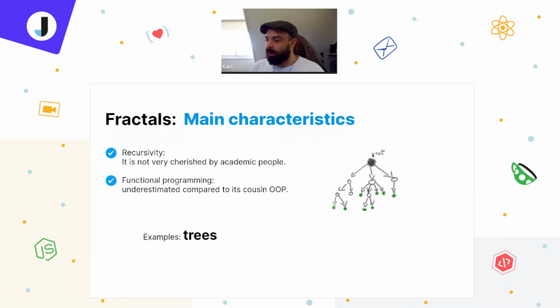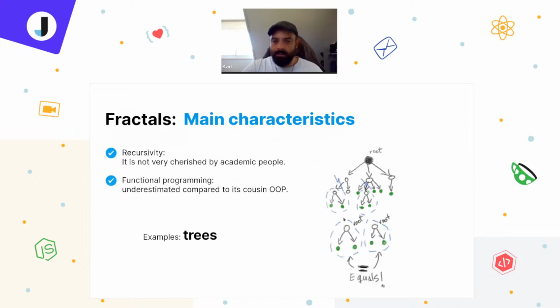And why can this be a fractal? Because someone could say this is a graph, but I think that graphs and fractals share many characteristics. For instance, if you put this one here and this other one, you can see that they are equal in terms of structure. So we go again with the broccoli, right?